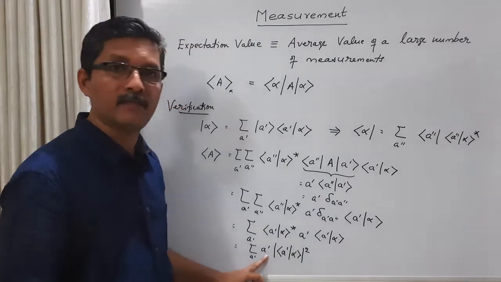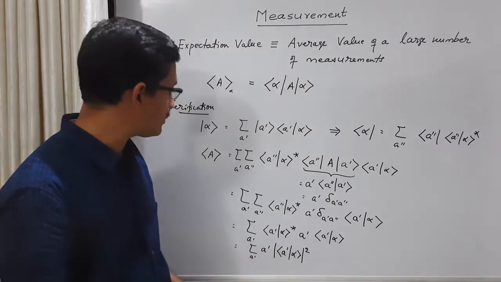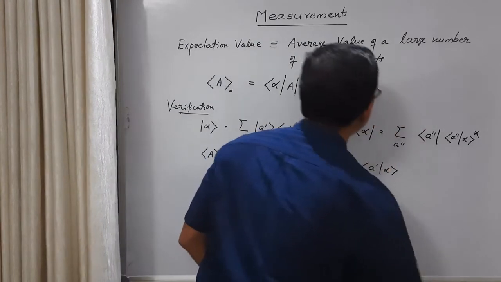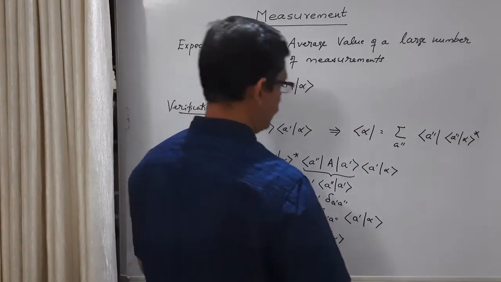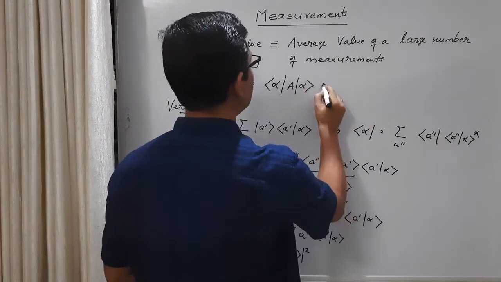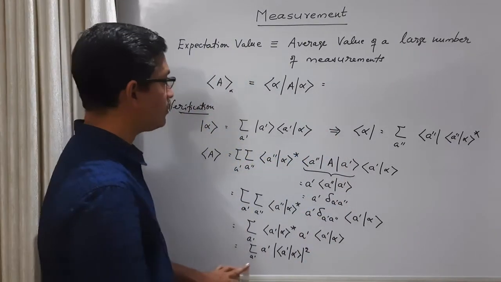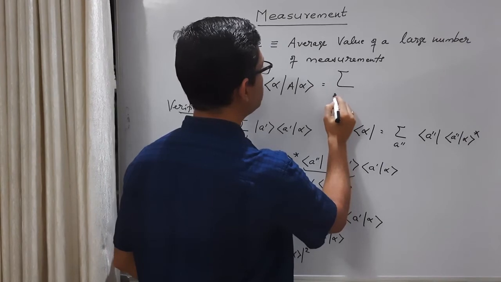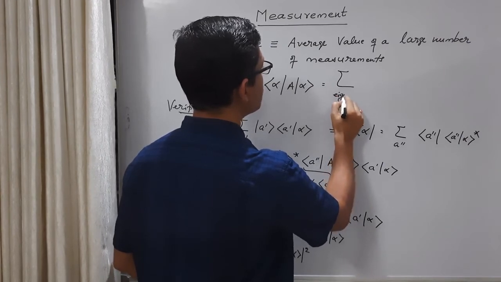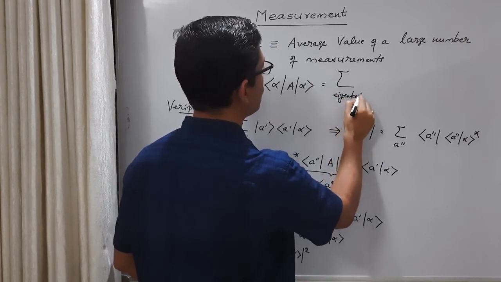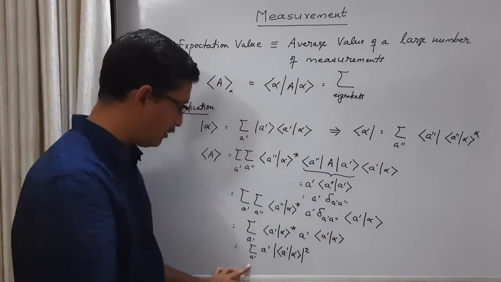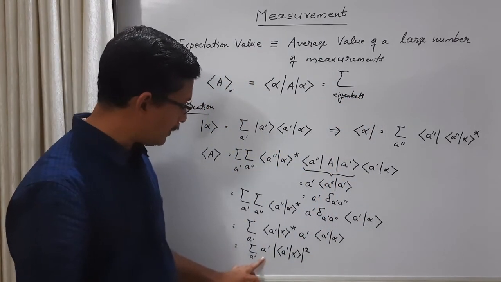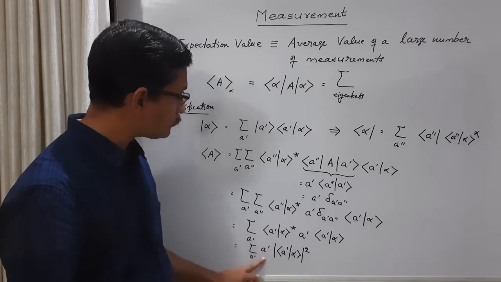What is this eigenvalue A prime? So what is this summation? Let me write it here. This is equal to what finally you have got: summation over eigenkets. Then what is this A prime?